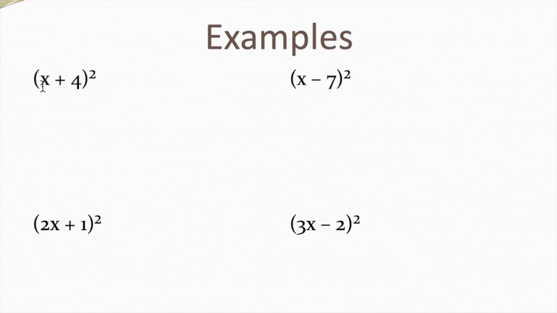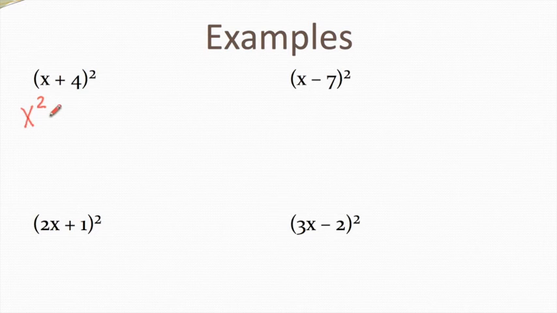We need to square our first term. Our first term is x, so if we square this, it becomes x squared. For our middle term, we have to find the product of our two terms. So x times 4, which is 4x, then double that.